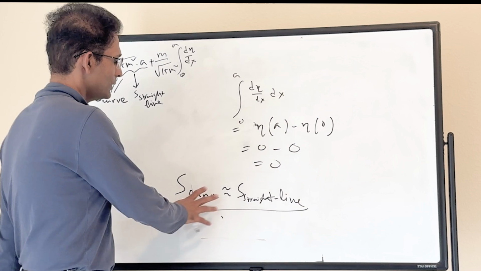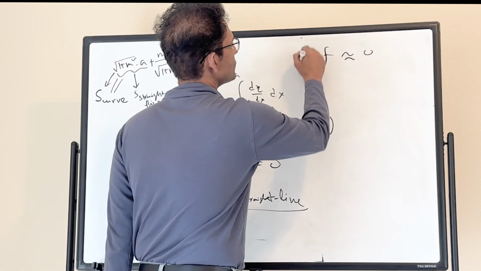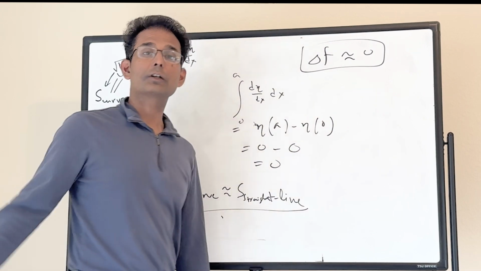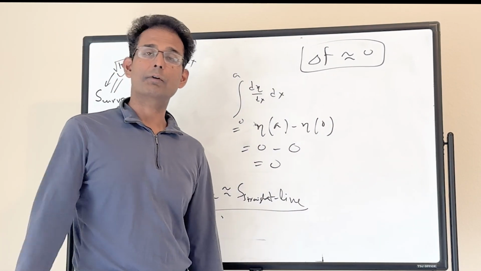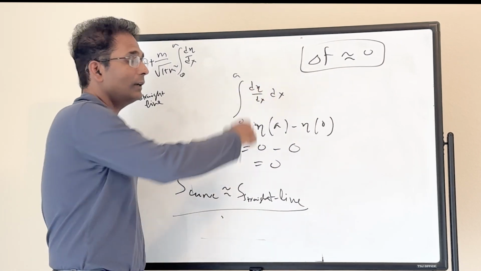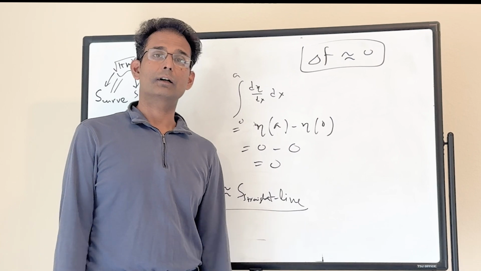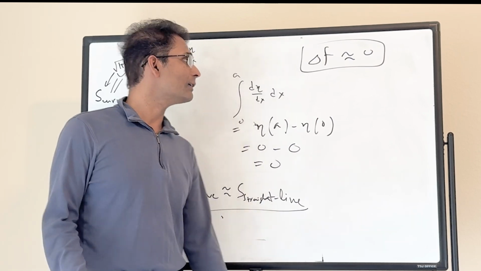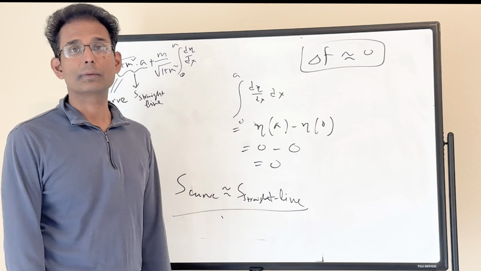This is just like, remember, delta f is approximately equal to 0 when I consider variations about the minimum of a function. So here, we have this eta(x), the arbitrary variation about the shortest path, and I found that the functionals are approximately equal.